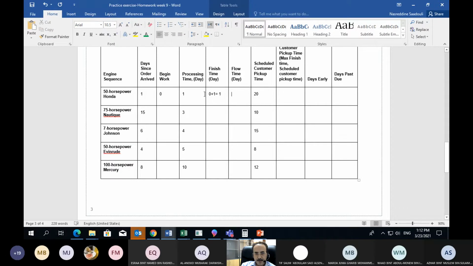Is this clear? The finish time is the beginning work plus the processing time. The flow time is the day since order arrived, which is 1, plus the finish time, which is 1, and therefore the flow time is 2.